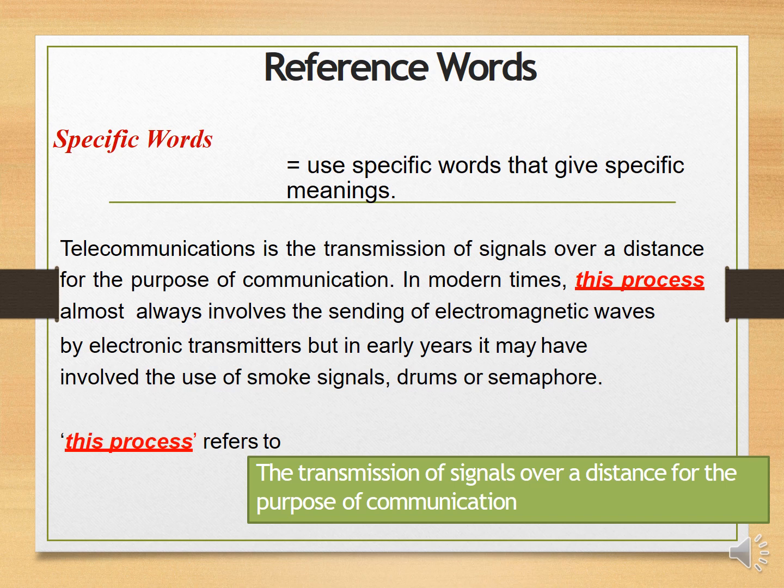Okay, so this process is talking about the transmission of signals over a distance. If you answer the transmission of signals over a distance for the purpose of communication, it is accepted, but the transmission of signals over a distance is already describing the process. So this process is referring to the transmission of signals over a distance.